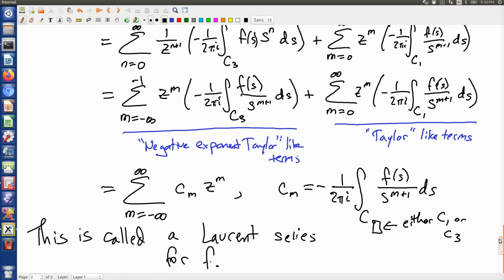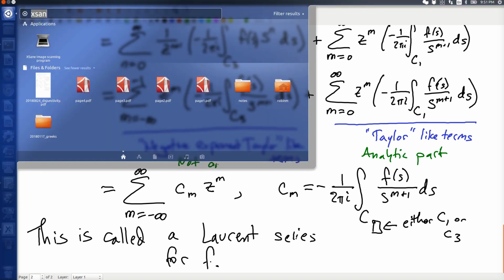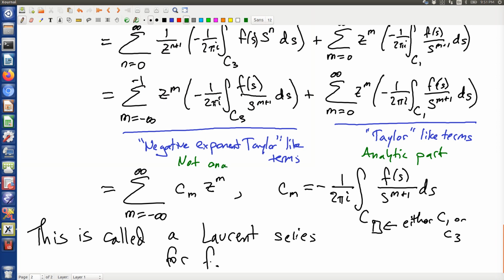When you look at the Laurent series, that's all those negative terms. So if you will, this guy here is really the analytic part, and this is really the not analytic part. Although that's kind of intuitive in a sense.